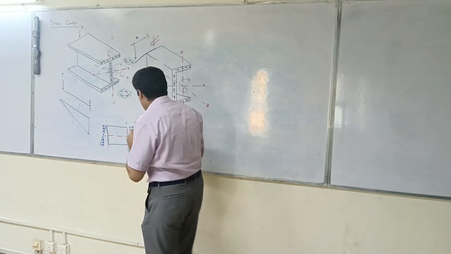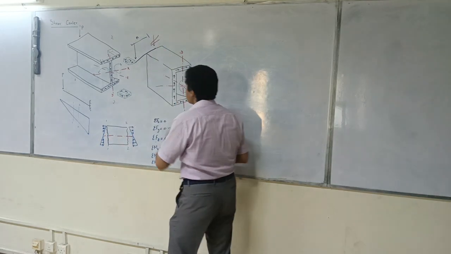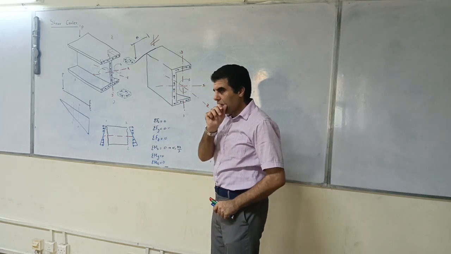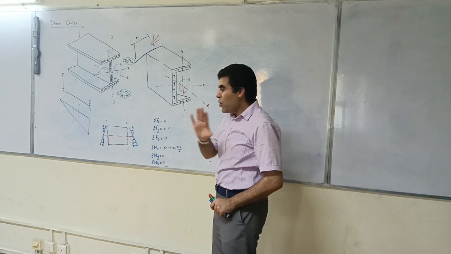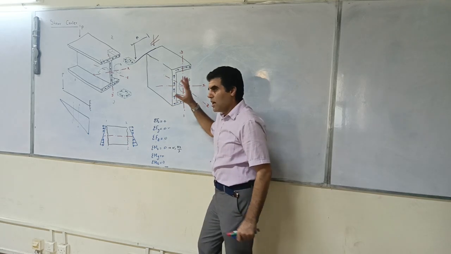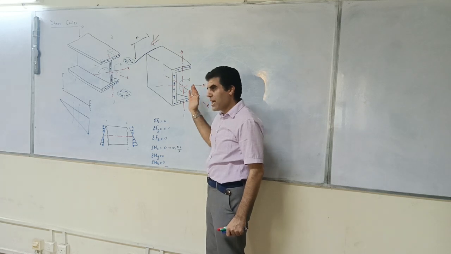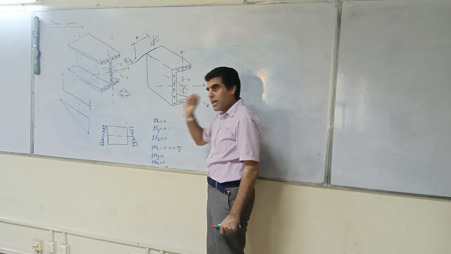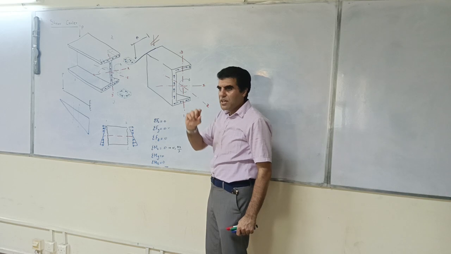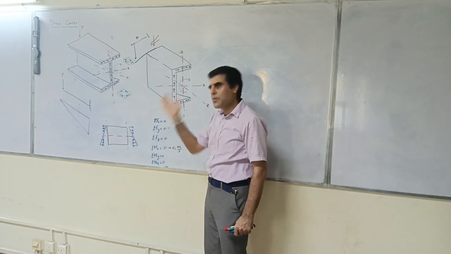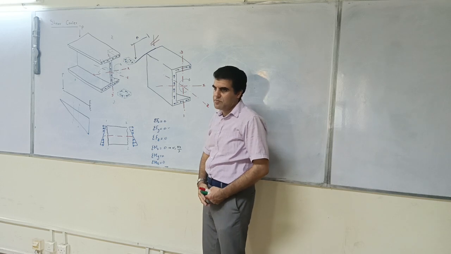So this E is called shear center. Shear center comes into play where you have a section which is symmetrical in one direction and unsymmetrical in another direction.